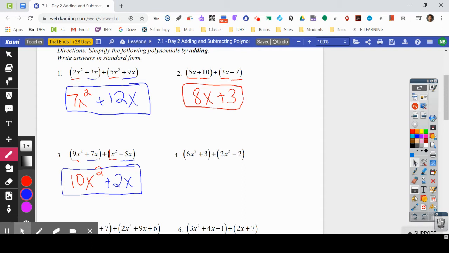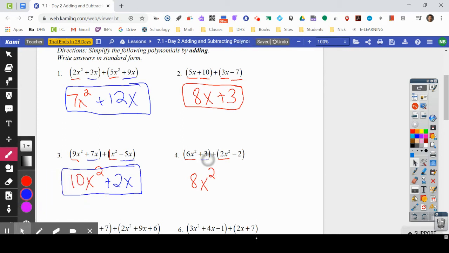All right, so on number 4, we have 6x squared plus 3, and we're going to add 2x squared minus 2 to that polynomial. We have 6x squared here and plus 2x squared. Those are like terms, so I can combine those. 6 plus 2 will give me 8, so we get 8x squared.